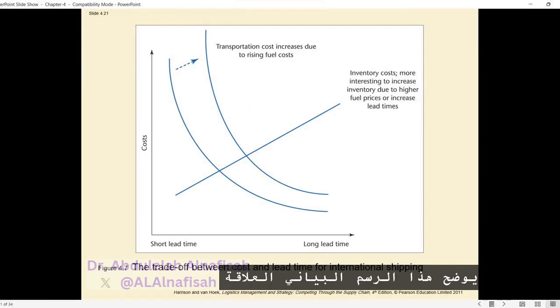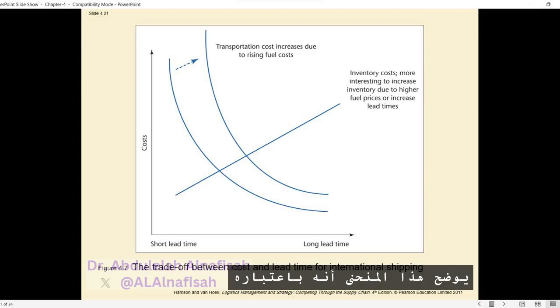This graph illustrates the relationship between costs, lead time, and the impact of rising fuel costs. It shows how the cost of transportation and inventory changes as the time required to deliver goods increases. Here are some key points from the image. Transportation cost increases due to rising fuel costs.